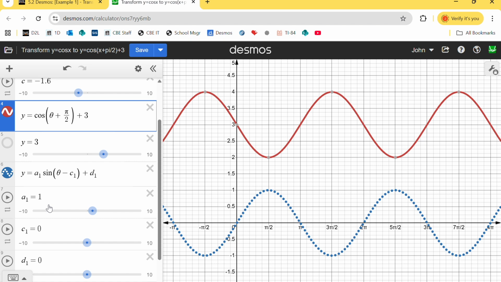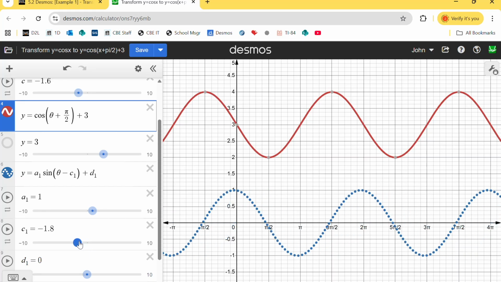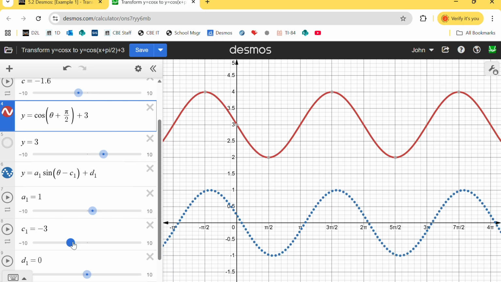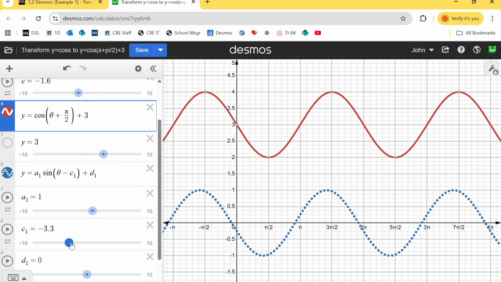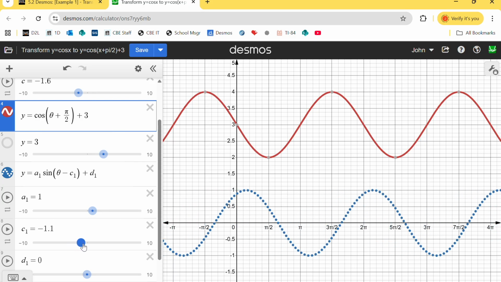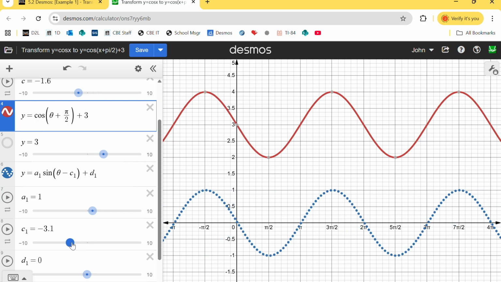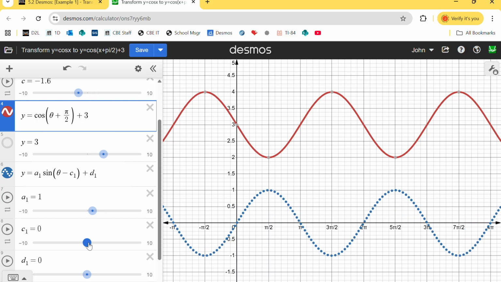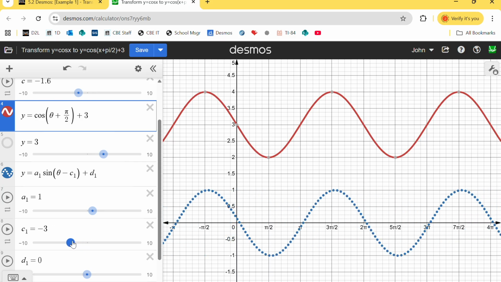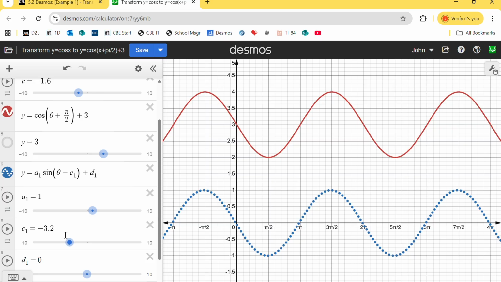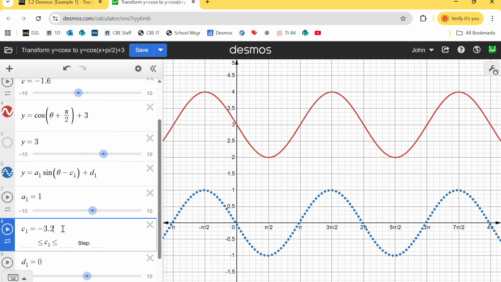We said first we're going to translate it pi units to the left. So pi units to the left, that's a c value of negative pi. So I'm going to go negative pi. Initially I was here, and then I'm going from pi over 2 to negative pi over 2. See that maximum? It's going to shift so that the maximums are lined up.